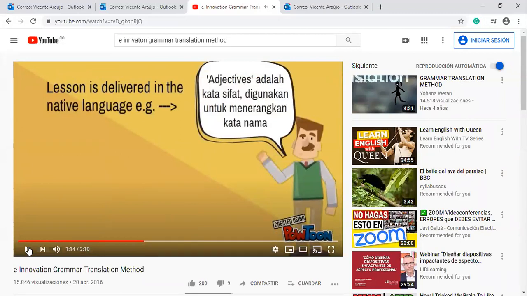Lesson is delivered in the native language. All lessons were conducted in the native language. In our case, that is Spanish. So the classes were in Spanish, the native language.